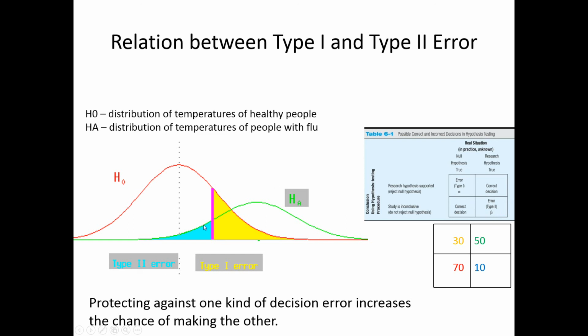In this cartoon example, for the correct decisions, the healthy people, let's say that 70 of them are correctly classified, but there will be 30 people who will be incorrectly classified as non-healthy. And here we will classify 50 people from the group of people with flu as having flu, but there will be 10 people who, based on temperature, were misclassified as healthy, who are in fact sick.